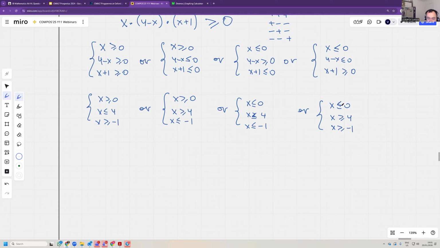Okay, so this one is not possible. You can't have x greater than 4 and less than 0 at the same time. Not possible. Less than 0, less than 4, and less than -1. That is possible, and that is only true when x is less than -1.